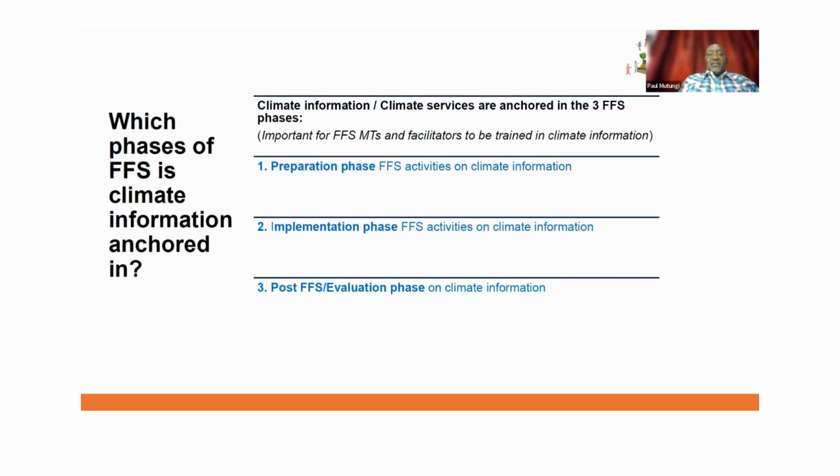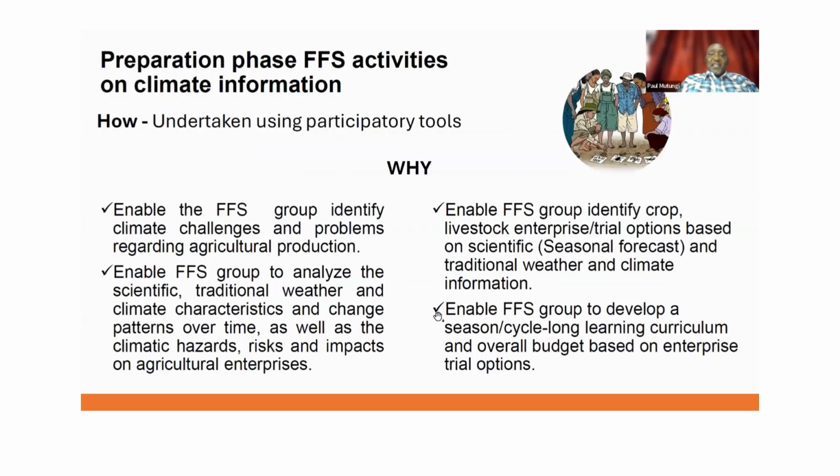And this climate information is undertaken in the 3 FFS phases: the preparation phase, FFS activities on climate information. There is the implementation phase where we have also the FFS activities on climate information during implementation, and the post-FFS evaluation phase on climate information and what is done.